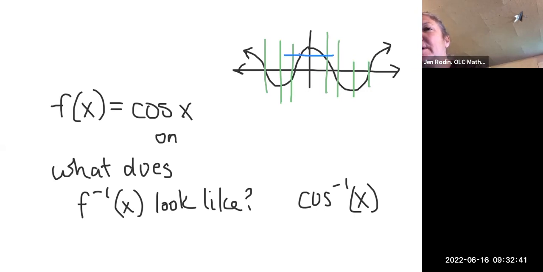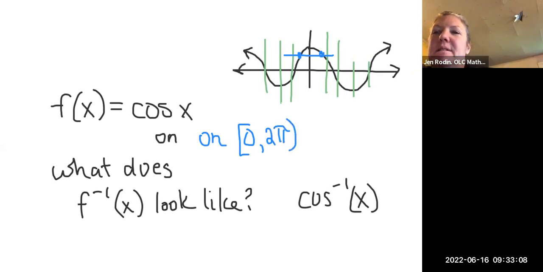There's one spot where a horizontal line crosses the curve twice. Fail, right? So we just limit the domain. So let's say we did it on, go from 0, include 0, and we could go to 2 pi, but not include it because that would be double dipping if we included 2 pi. So we can find the f inverse there.